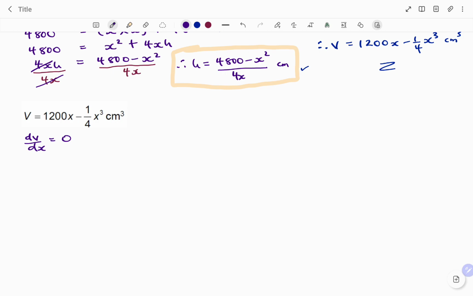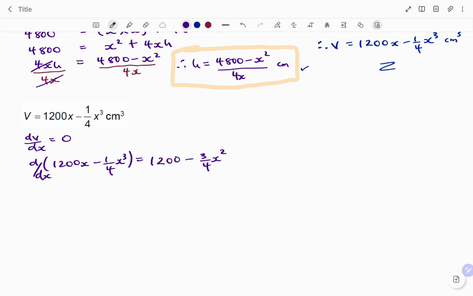So therefore, dV/dx is going to be the derivative of 1,200x minus a quarter x cubed. We are differentiating with respect to x. That will be 1,200 minus 3/4 x squared.